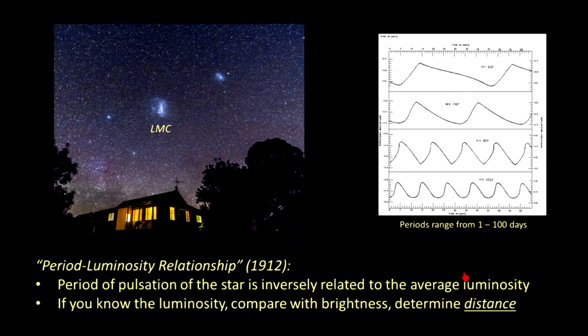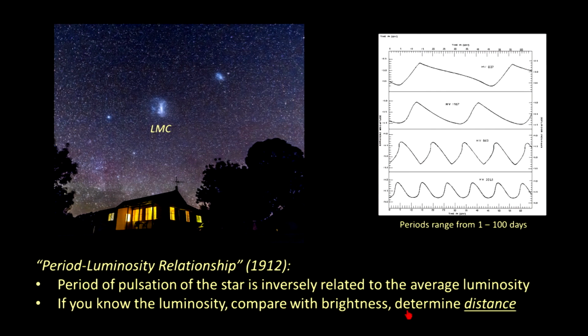Now the reason why that's critical is because if you know how much energy the star is actually producing, and you can compare that with how bright the star appears in the sky, then you can determine the distance to the star. In a previous video, we talked about what was called the distance modulus, which is the brightness of the star, the amount of energy that the star produces, and the distance, and how these 3 things relate.